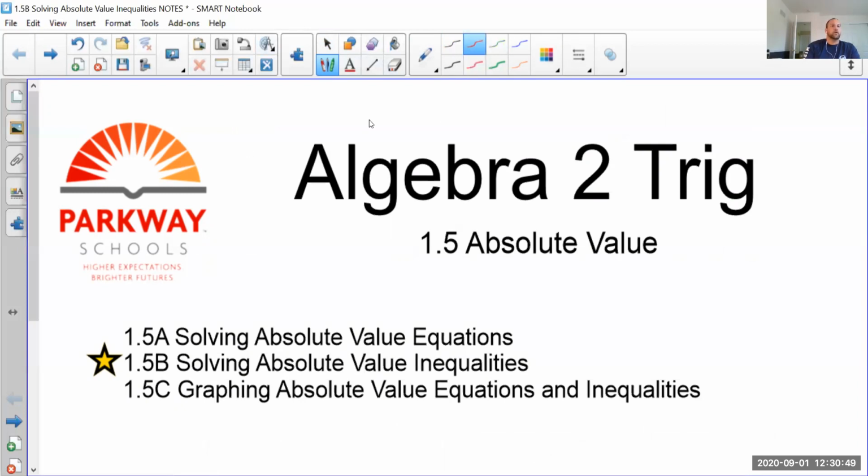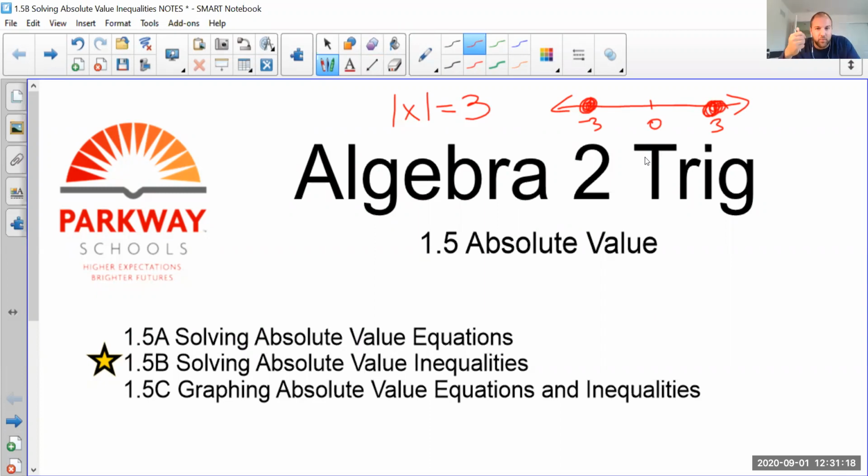So when we're talking about the absolute value of x equaling 3, we're saying that x is 3 units from 0. So x can be at -3, or x can be at +3. We're saying it can be either one of those locations.